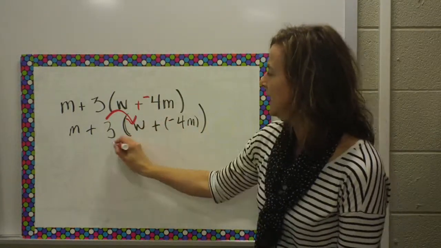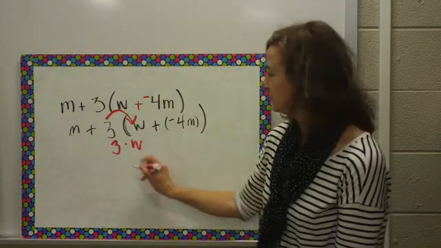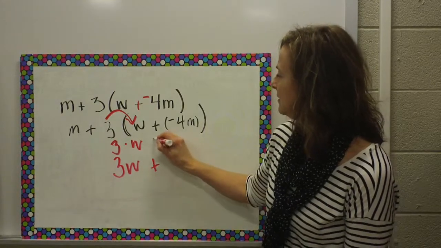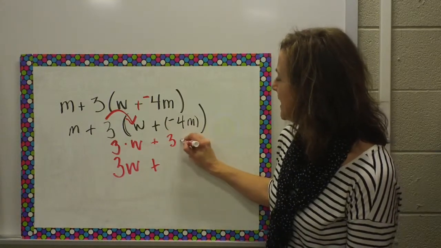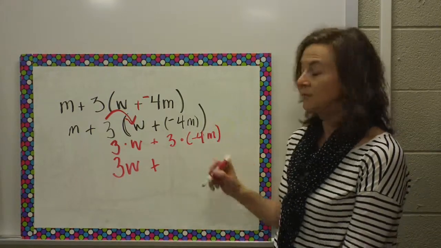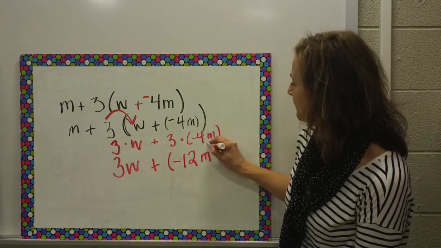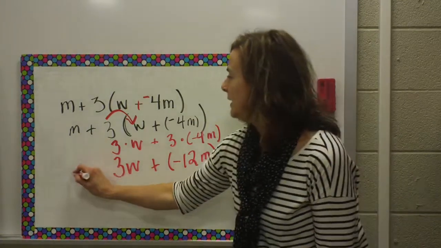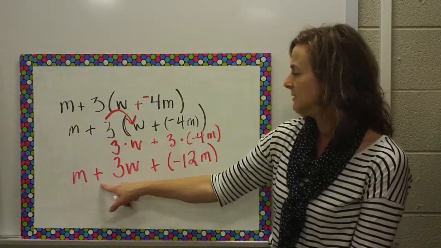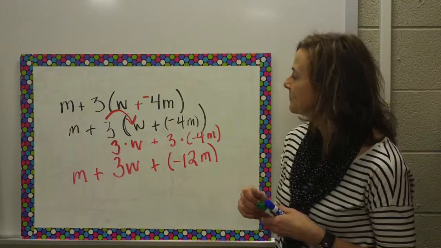So that's going to look like 3 times w, or 3w, and 3 times a negative 4m. 3 times a negative 4m would be negative 12m. Then I'm bringing down my m, and so now my expression reads m and 3w and a negative 12m.